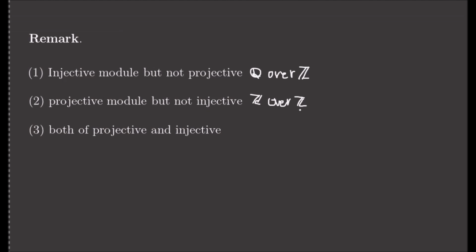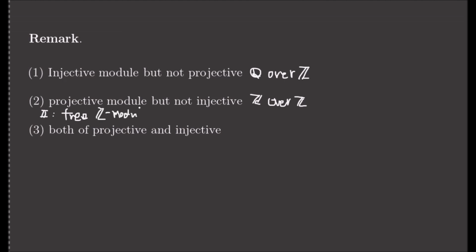Why? First, verify that Z over Z is a projective Z-module. Z is a free Z-module. This is clearly the definition of a free module.